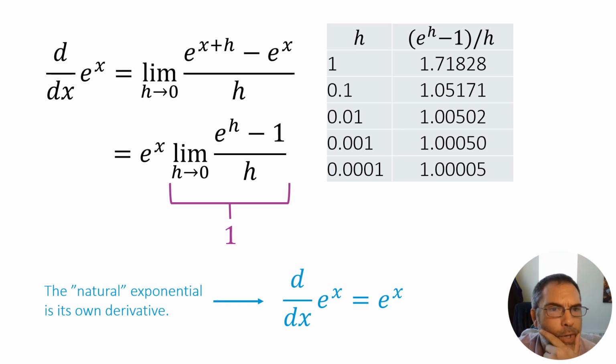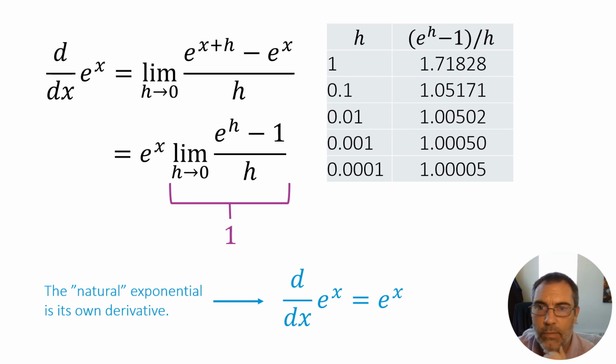Well, we can factor out the e to the x part here, and then what we're left with is e to the h minus 1 over h. So the real question is, what is this limit going to be? To find that, I've looked at, in a table here, taking values of h that are getting smaller and smaller, closer and closer to 0, and then evaluating this expression, e to the h minus 1 over h.